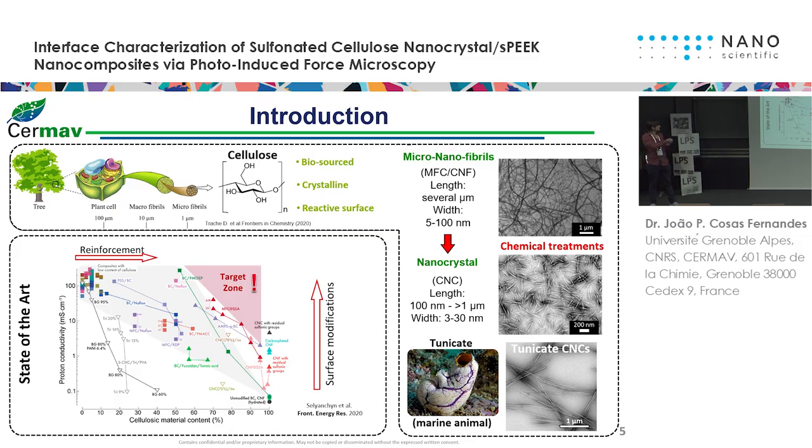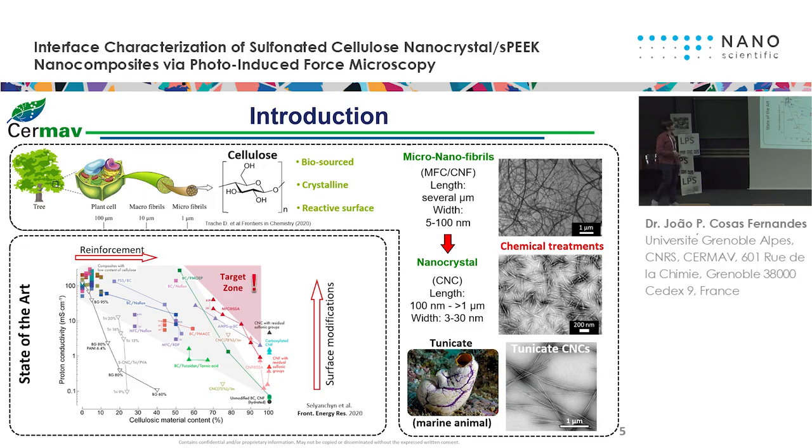But the thing is that when you put a certain amount of cellulose nanocrystals, your conductivity will go down. There are some strategies where people do surface modifications to increase this proton conductivity, and our target is to go towards something like that.